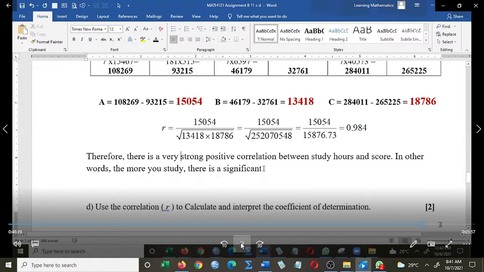So there is a significant chance, probability that your score will. And there are other ways of phrasing it, as you know, in English. There are multiple ways of expressing the same information, probability. Okay.